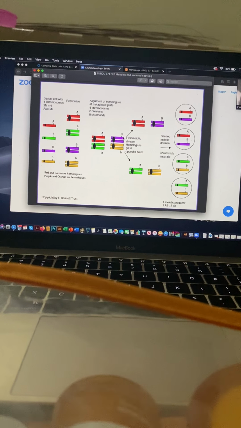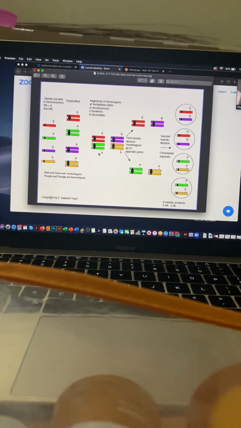So this is the alignment at the metaphase plate. You have two bivalents. This is one bivalent, and this is the other one. In total you have 8 chromatids, but each bivalent consists of 2 chromosomes, 4 chromatids. 2 chromosomes, 4 chromatids, but the total number of chromatids is 8.